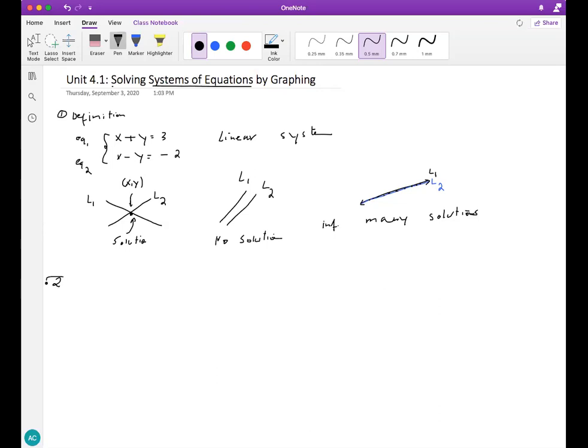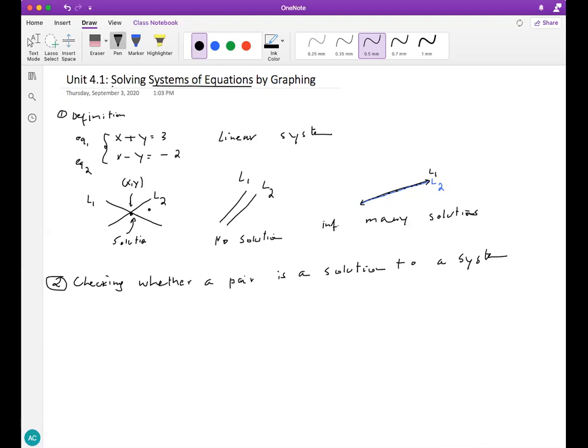Number 2, let's see how to check whether a pair is a solution to a system.